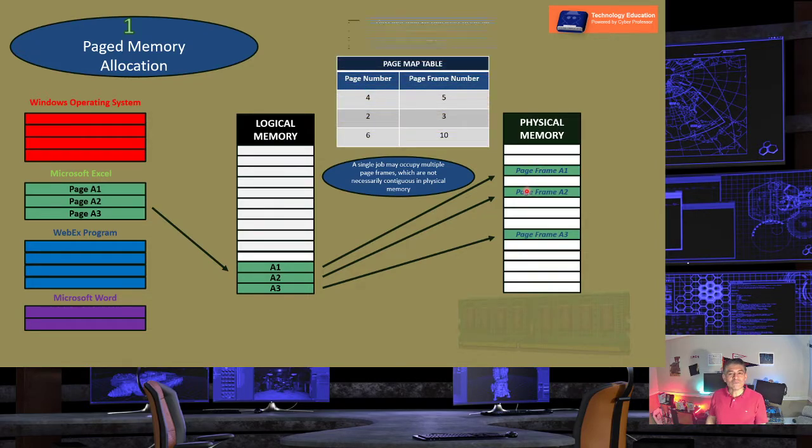In order to keep track of the allocation of physical memory space and the relationship with logical memory, the operating system must maintain a table that maps logical locations with physical locations, as depicted in this page map table here in the middle.